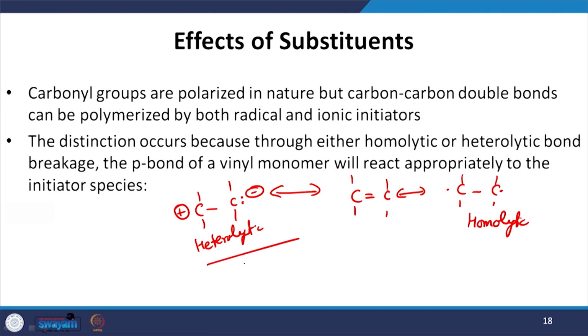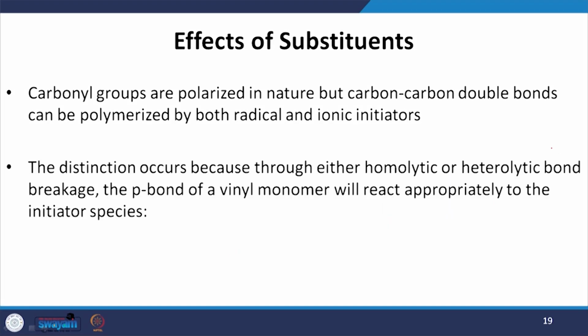So, what we were discussing here, the heterolytic and homolytic, you can see over here how they play a vital role while deciding the effect of substituents. Sometimes the carbonyl groups are polarized in nature. Now, the inductive and resonating characteristics of a vinyl monomer decide whether radical or ionic polymerization will occur or not, maybe with respect to the cationic or anionic approaches.